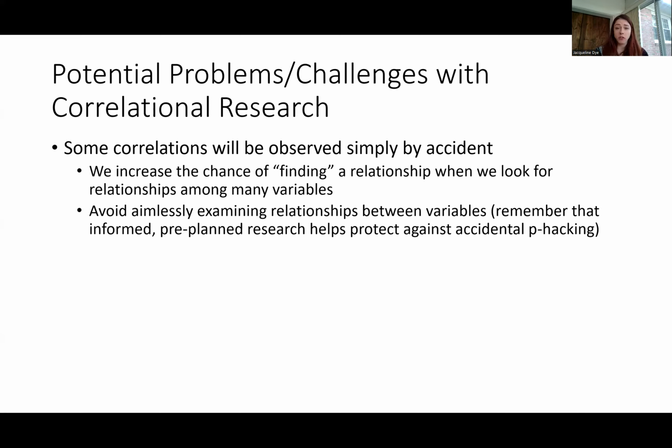The chances that you're going to find a correlation is a lot higher if you're running 20 different analyses, because you simply have more analyses to look at. And so we have to avoid aimlessly examining relationships between variables. And remember from last week that informed, pre-planned research helps protect against p-hacking. That's finding a relationship that doesn't actually exist.